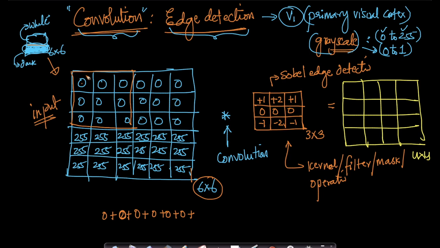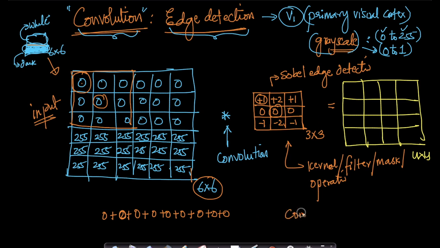So what are you doing here? You're multiplying corresponding cells. You're taking this 3 by 3 and multiplying it with this. And when you multiply all of them, then you add them up. So this is literally multiplying. Let me write it down.